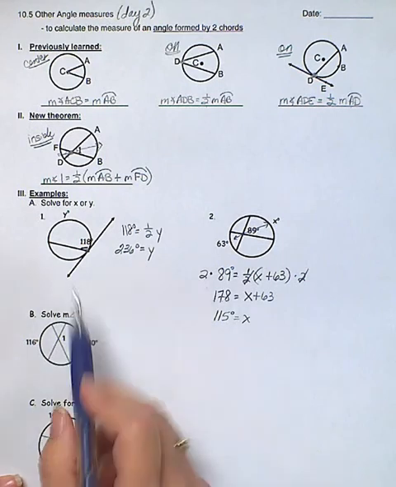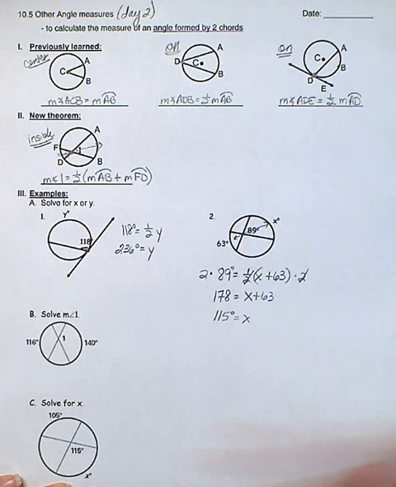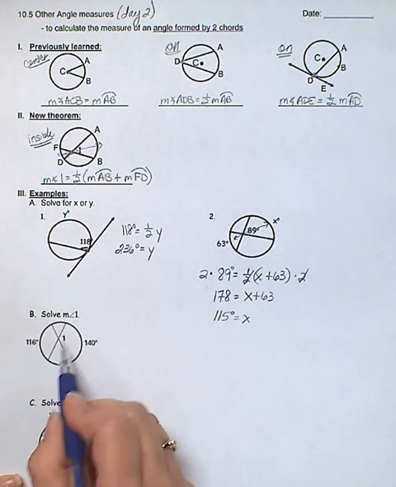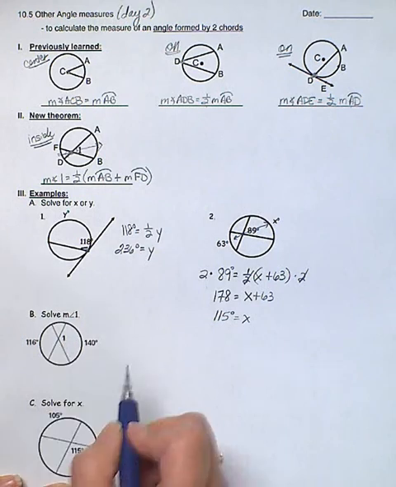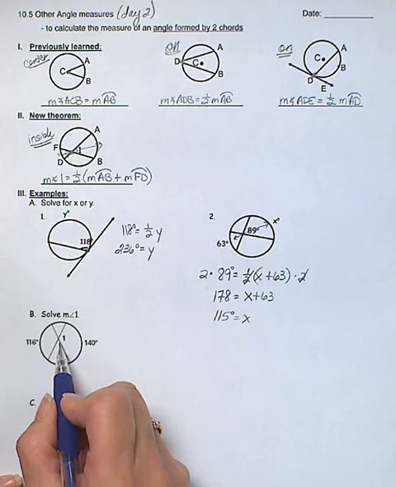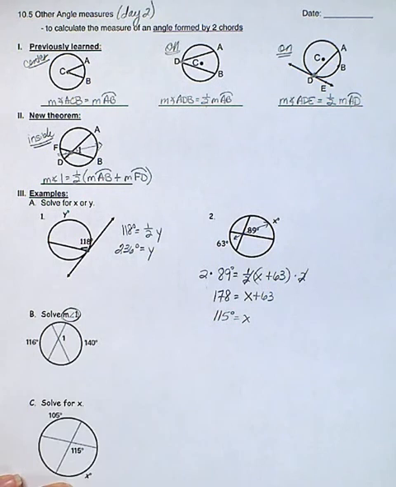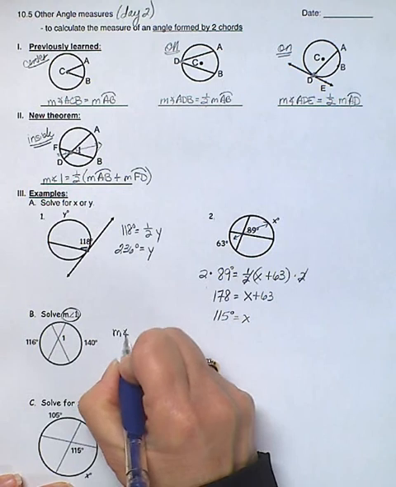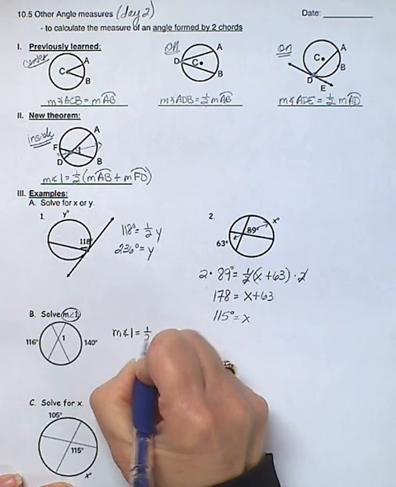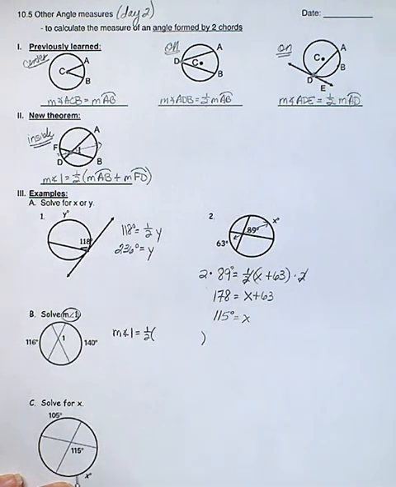The first two questions had x's and y's. B has a 1. Now 1 is not the value, 1 is the name. So I'm not asking you to find a variable, I'm asking you to find an angle by name. The way you write it is a little different, but the process is still the same. The angle goes first, and it is half the sum of the two arcs, or we're averaging out the two arcs.